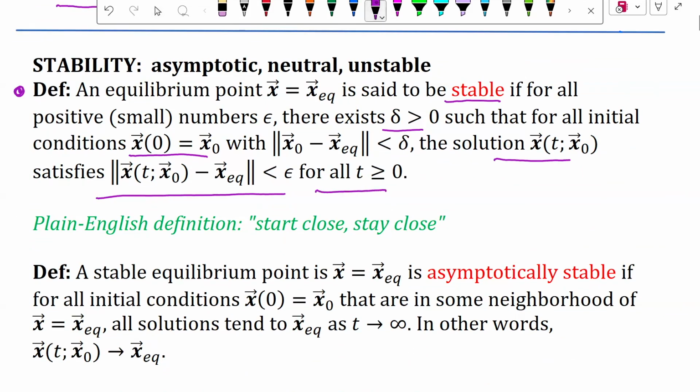That's the formal mathematical definition. In plain English, that means that if you start close to an equilibrium point that is stable, you will stay close to that equilibrium point.